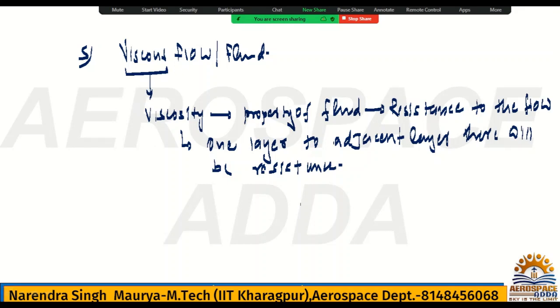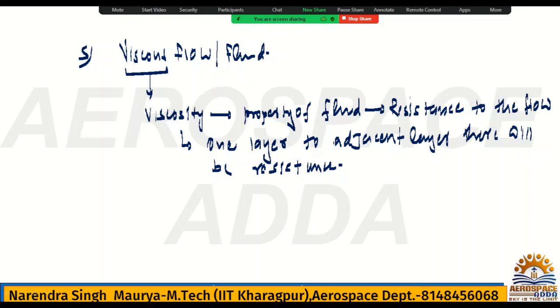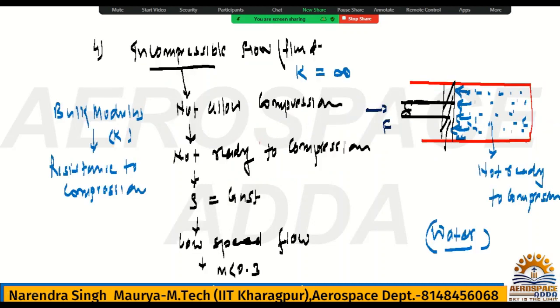So see, resistance to the flow and resistance to the compression, there is a big difference. This is resistance to the flow, and this is resistance to the compression. Resistance to the compression indicates the bulk modulus.